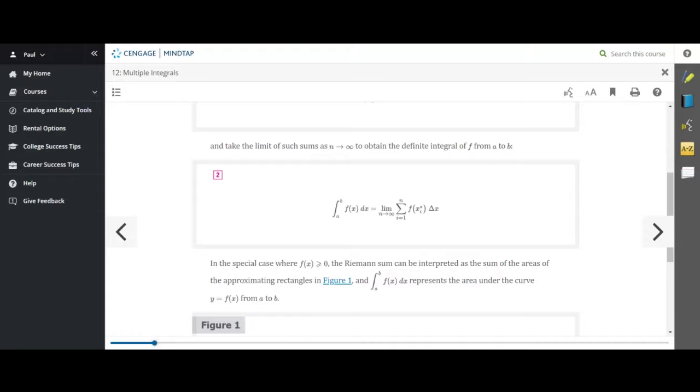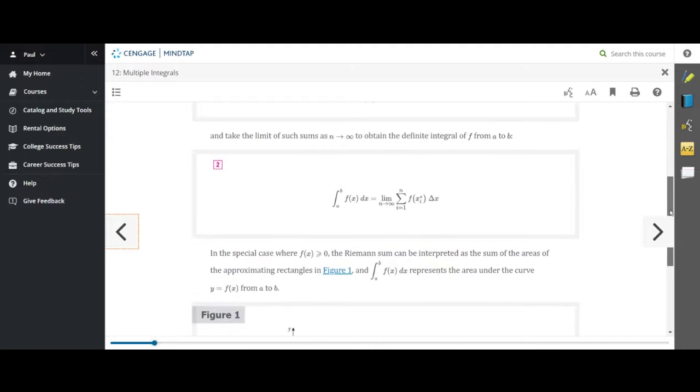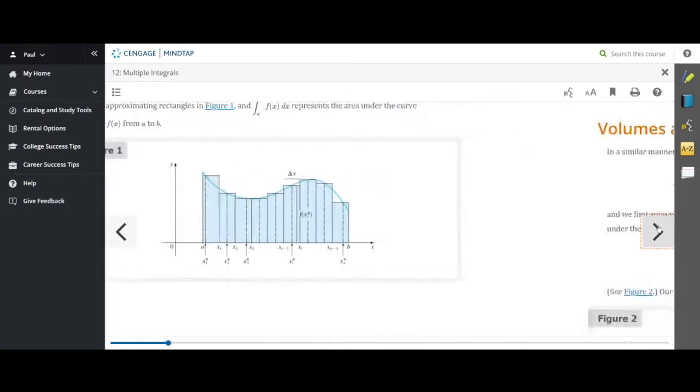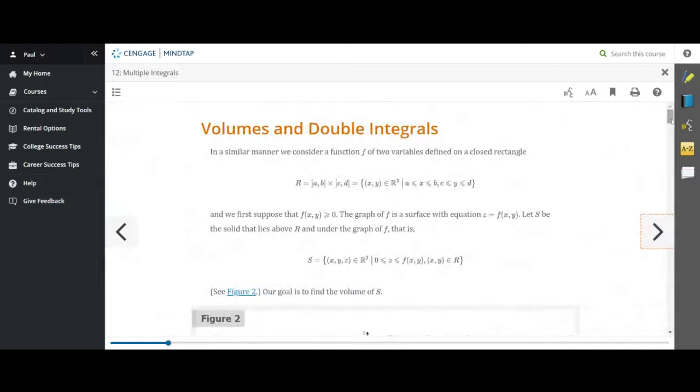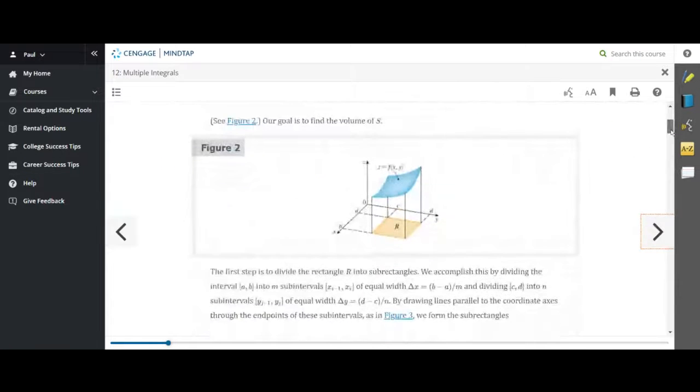But what about double integrals? How do we interpret a double integral? Well, for that, we'll go here to figure 2. And in figure 2, you see a function of x and y over a region R. Now, what are the x limits for that region R?